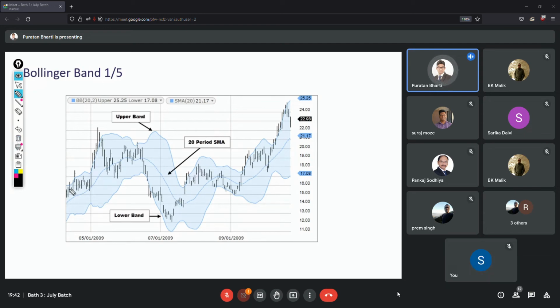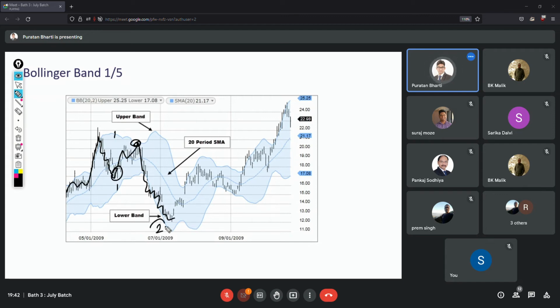So there are two kinds of observation, I'll say. One, the stock touches the upper band and keeps on moving, sometimes reverses from the mid of this envelope or this band, as you call it. Sometimes it touches the top of the band and then falls and keeps continuously falling.